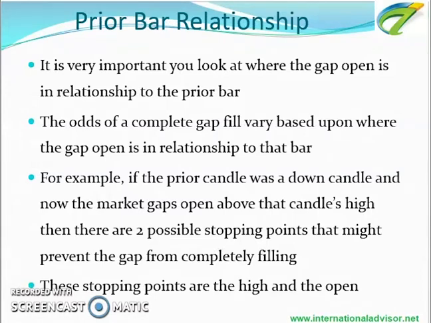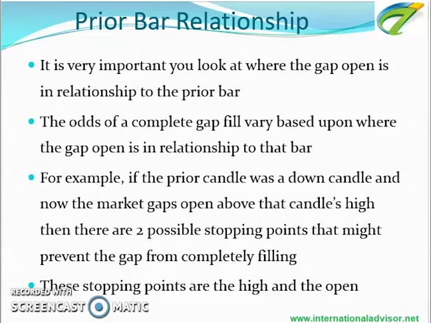Prior bar relationship. It's very important you look at where the gap opened in relation to the previous bar. The odds of a complete gap fill vary based upon where the gap open is in relation to that bar.